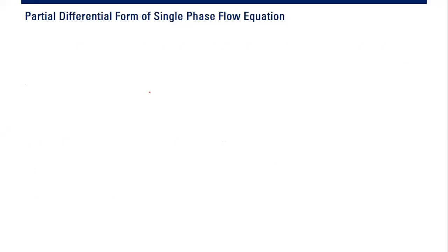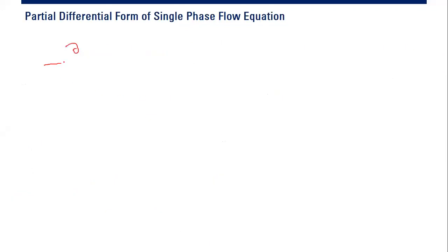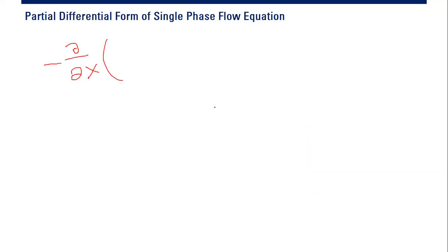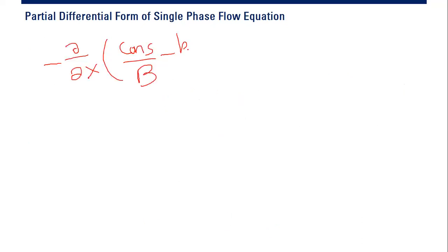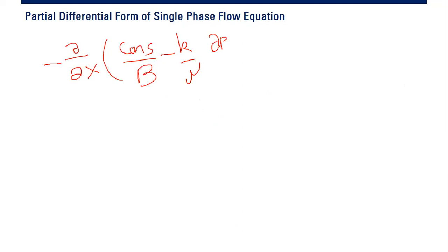So we have minus d/dx of rho multiplied by u. For rho we use constant divided by B, and for the velocity we use minus k divided by viscosity times dP/dx.